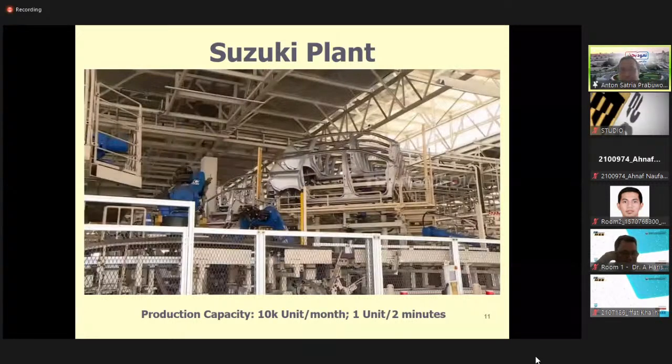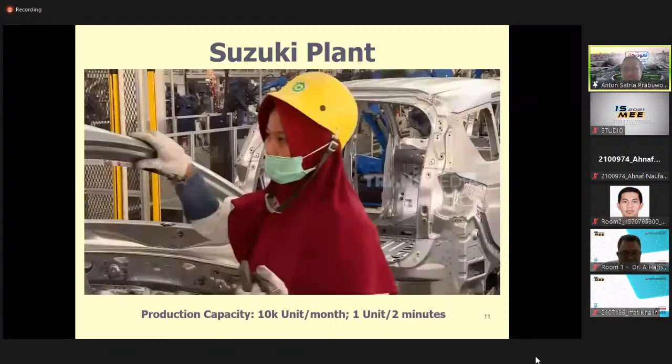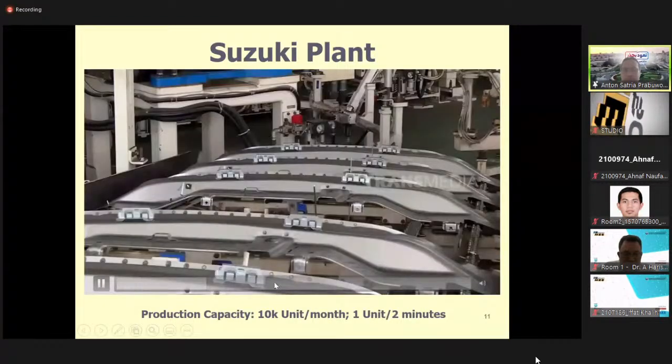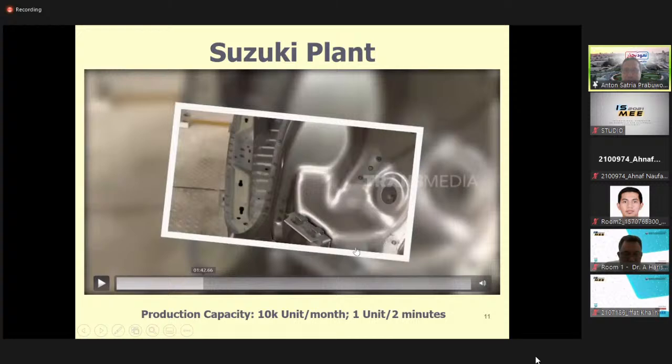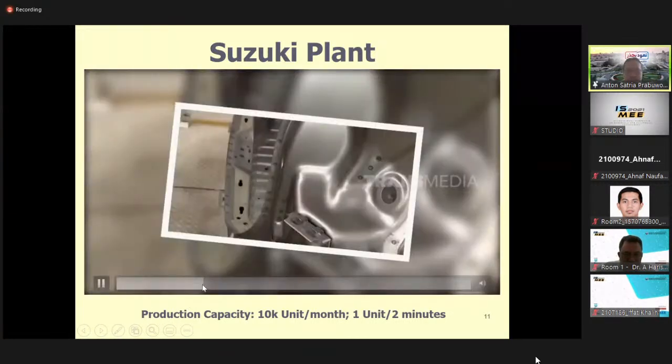Just to give the framework, the idea of the process in the manufacturing industry, I mean the automotive industry. As you can see here, some parts, this one, are still processed by the human operator, the polishing of the body.